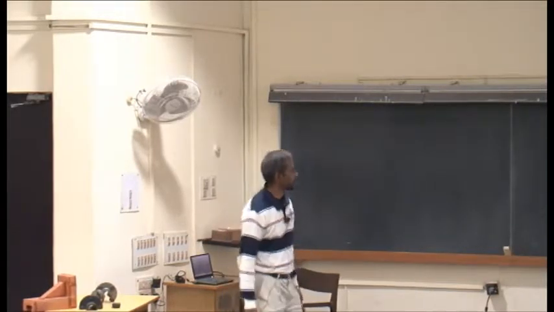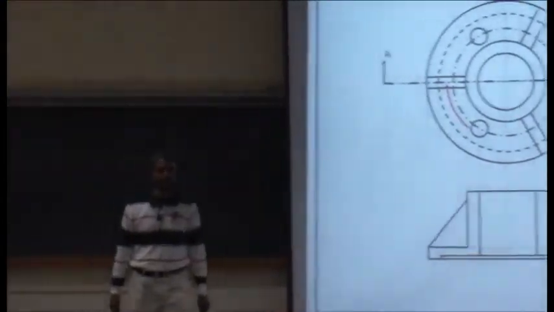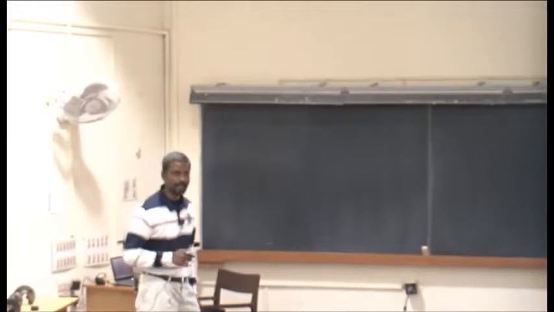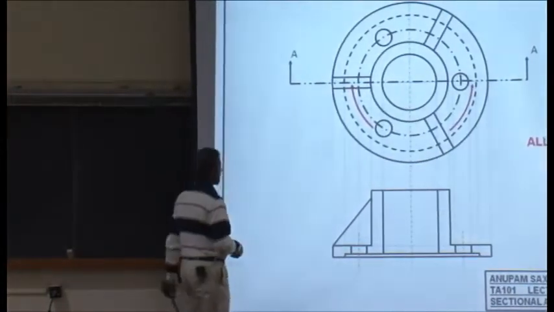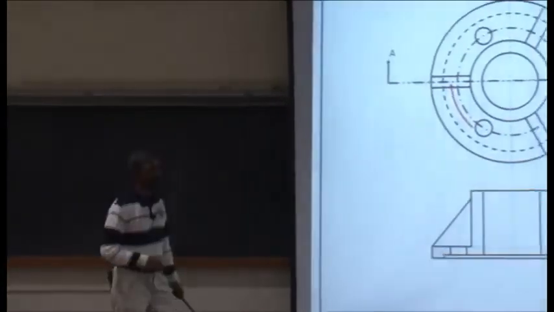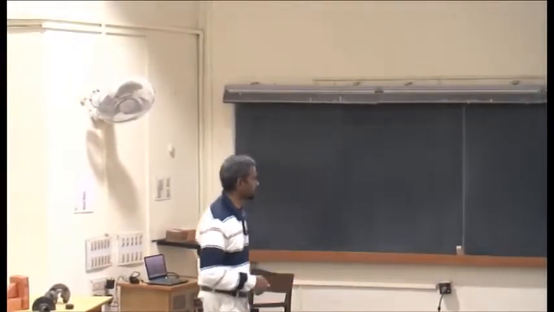Imagine that the hole travels up to this section plane and participates in the sectioning. Correspondingly, you will see this hole over here. Likewise, imagine that the rib rotates itself to align with the section plane. You will see this part. And then you section the rest.